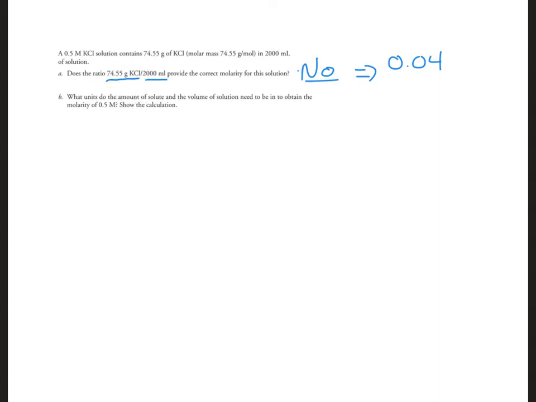But notice it gives you units. If I keep the units that they gave me, it's grams per milliliter. Now that's not the units that we use for molarity, right? So no, you cannot get the molarity using grams and milliliters. And hopefully you noticed on this bottom part that the required units for molarity are moles of our solute, right?